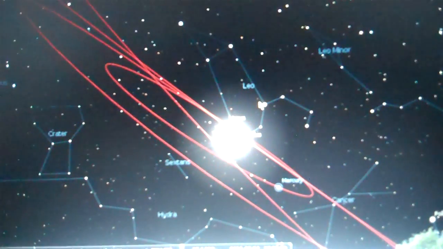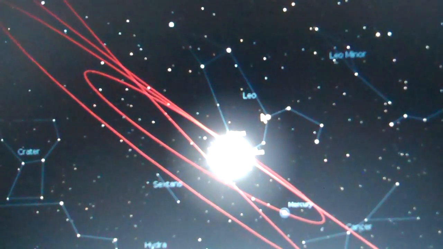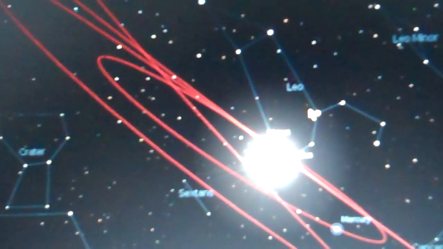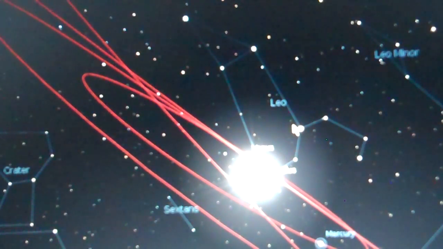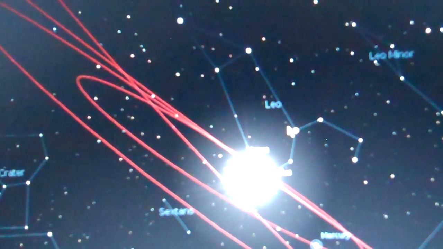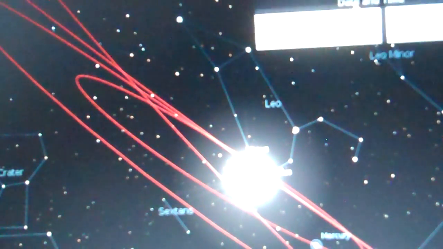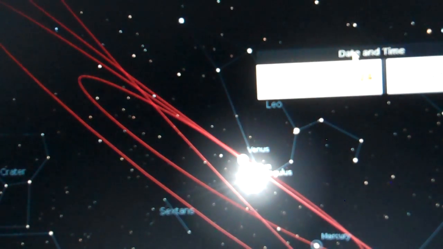I don't know if you're going to be able to see this very well. What we have here is Leo. This is today, and I'm going to bring this date marker down.